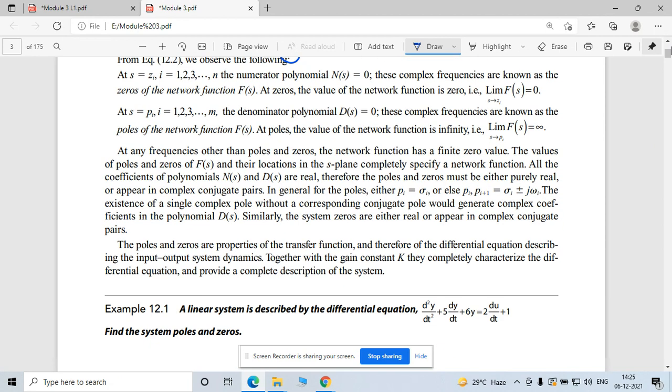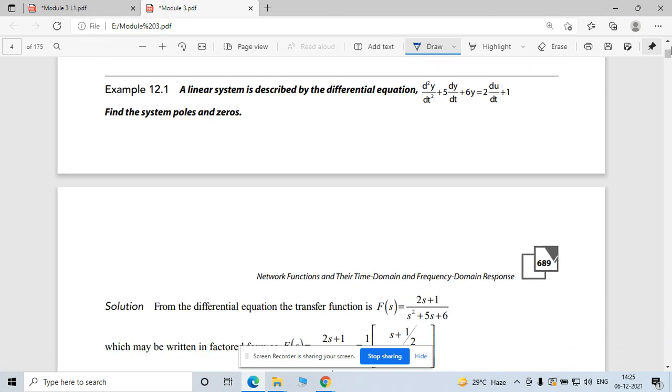See one example here. A linear differential equation is provided to you, right? Now you have to find the poles and zeros for this equation. So how to find them? Now this derivative term is also represented in terms of s, right?